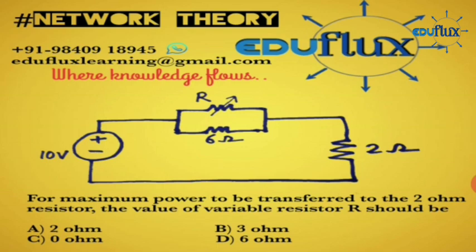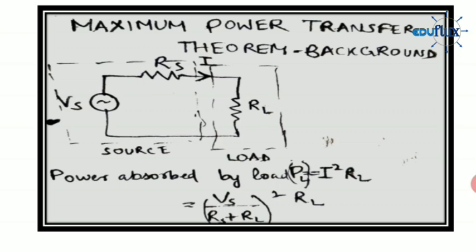Before going to the solution, let us first understand the basics of the background of the maximum power transfer theorem. Now, the maximum power transfer theorem as applied to a passive resistive load demands that across the load the Thevenin's equivalent circuit, which consists of a source voltage and a source resistance in series with it, is known.